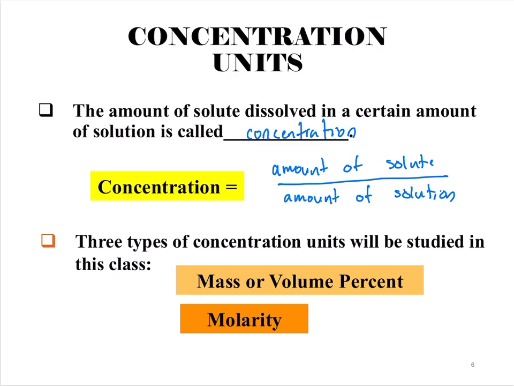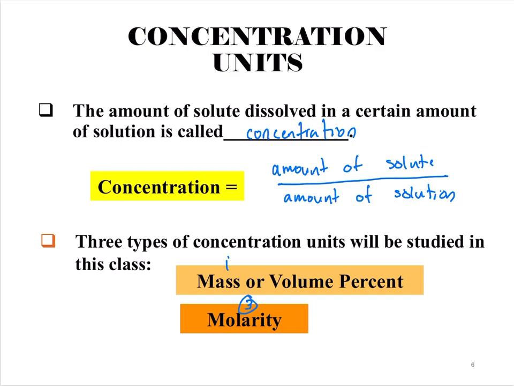I'm using the general term amount here because there are different ways that we can define the concentration of a solution. The types can be separated into 2 categories: either the mass or volume percent, or the molarity.